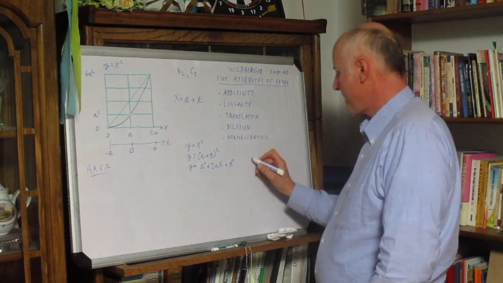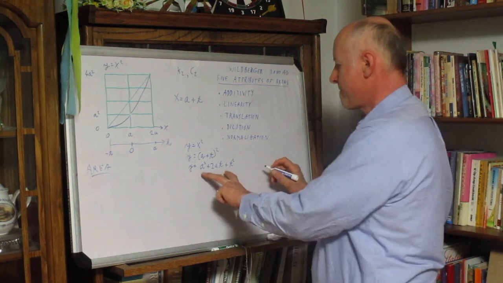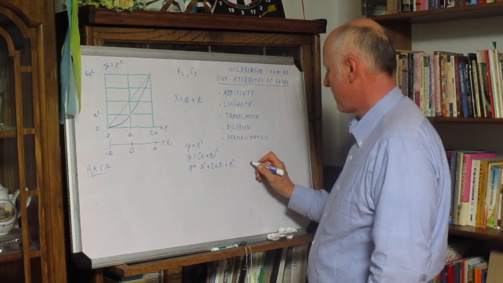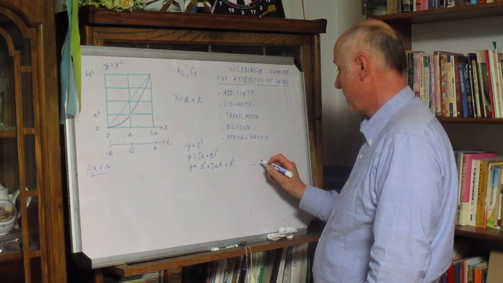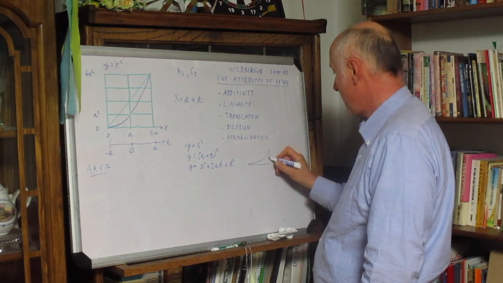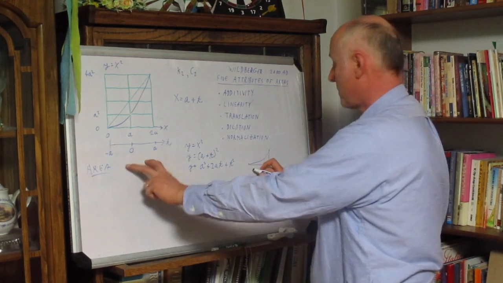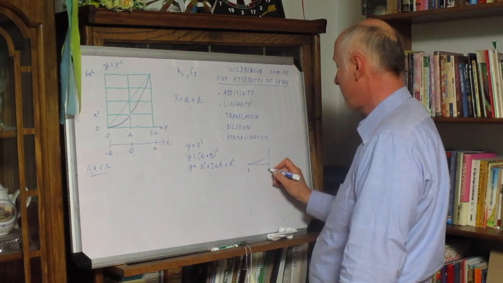Well, we have this one. So we have t. Now let's look at t from 0 to a.